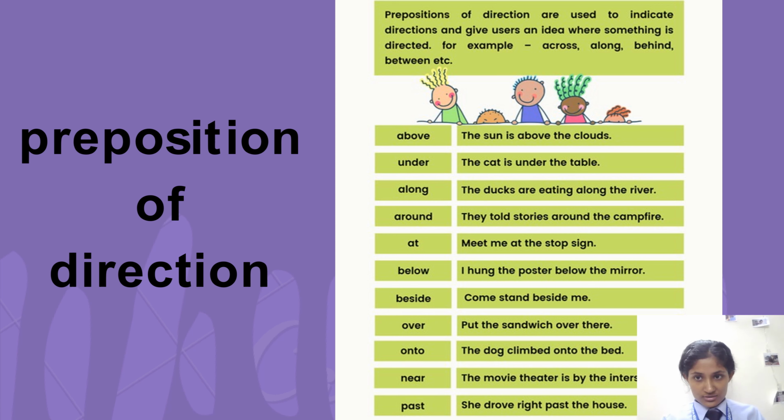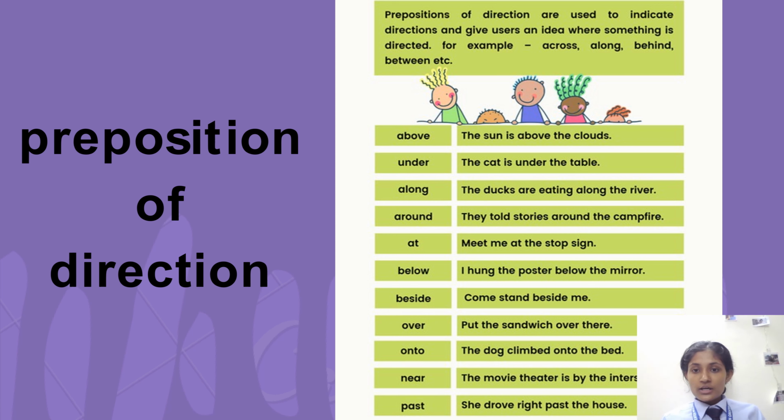Like here you can see above. Above is giving you a direction, that wherever your subject or your noun is present, that is what? A direction. It's giving you a direction, a path, a way. That is the reason why in these charts we're expressing the different prepositions to show the positions.